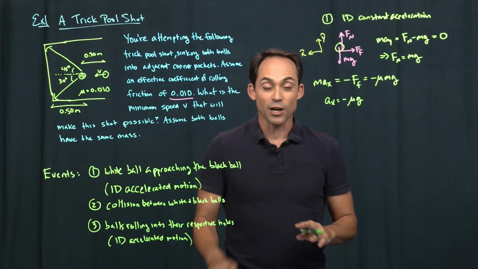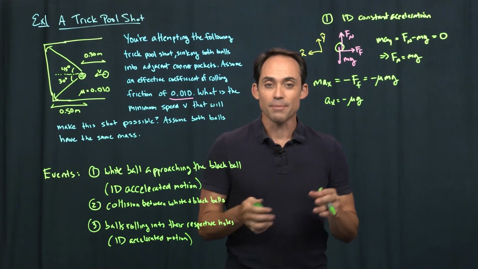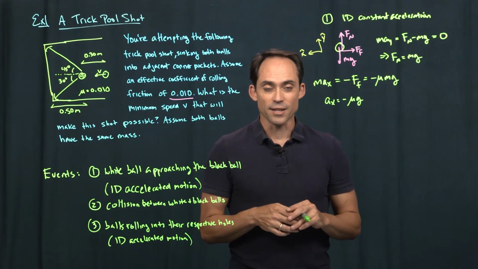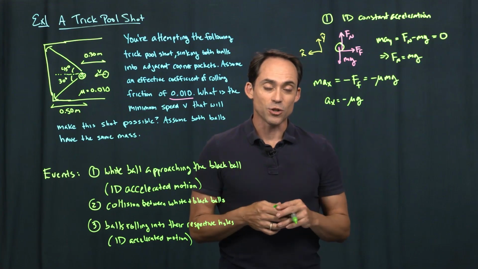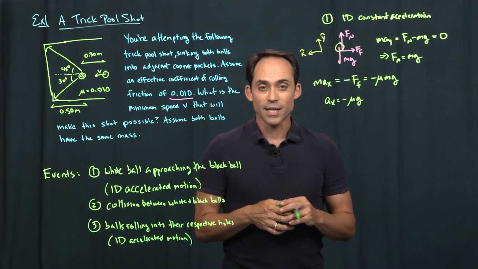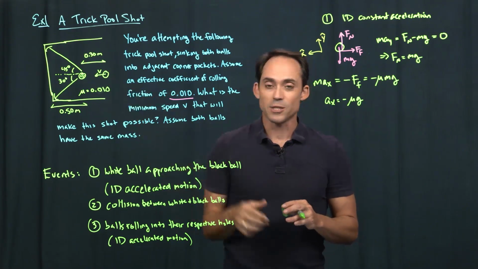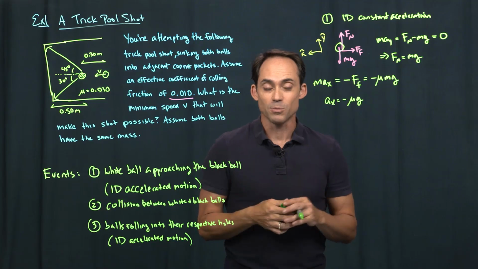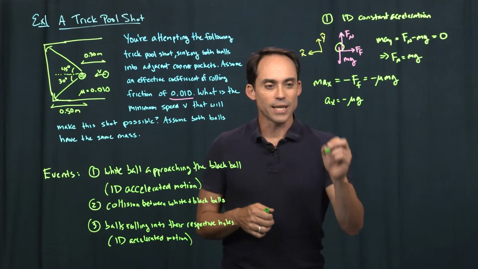We can go back to our first cycle of physics and remember that we have our kinematic relations for 1D constant acceleration motion. We can either write down the position as a function of time, or the speed as a function of displacement. Since we know the displacement is 0.3 meters and we're interested in speed, that seems to be the one we want. So let's write down that expression.